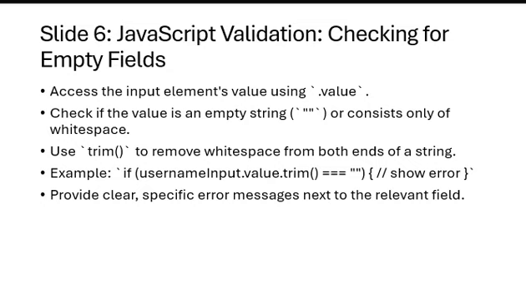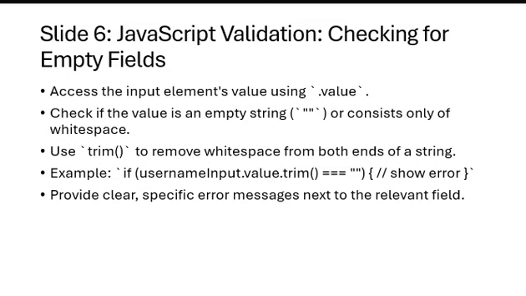Okay, next we have JavaScript validation, where we're checking for empty fields. So you must check if the value is just an empty string or consists only of white space. So you need to use the trim method to effectively remove any white space from both ends. So an example check is if username input dot value dot trim triple equals empty string, to look for emptiness.